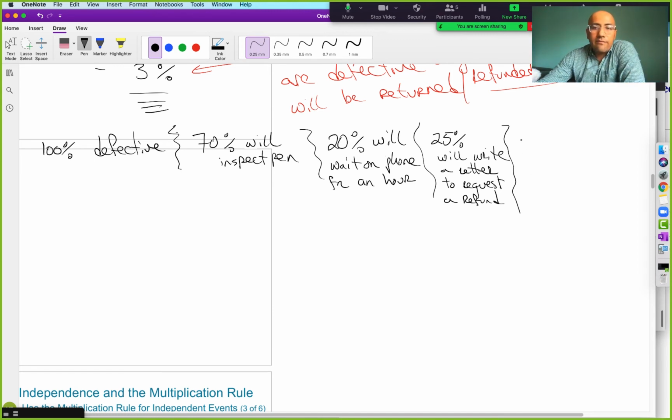Let's say we've discovered that 35% of the people follow through and will return the pen in the self-addressed envelope we mail them. Does that make sense? So in order to be able to get a refund, what's the probability that you get a refund?